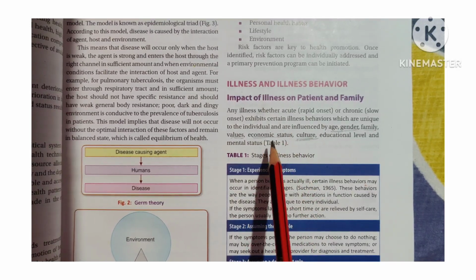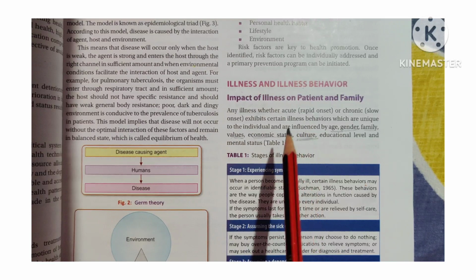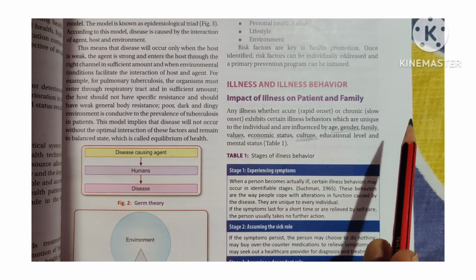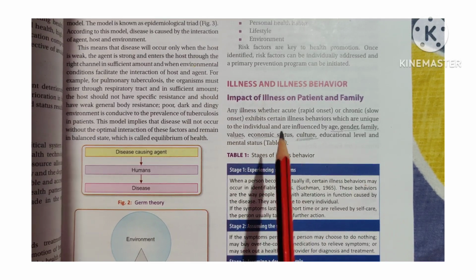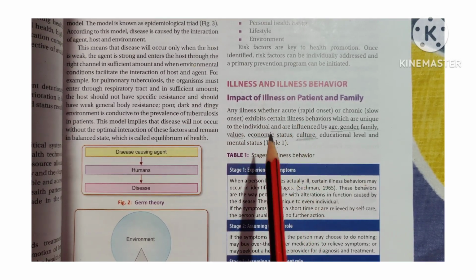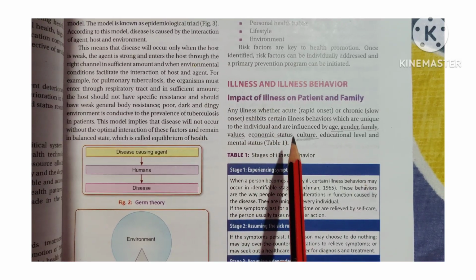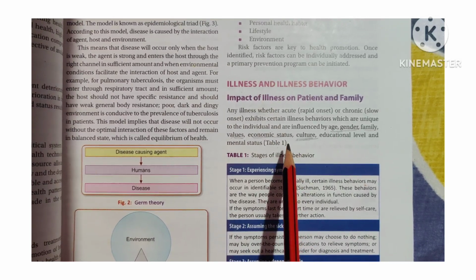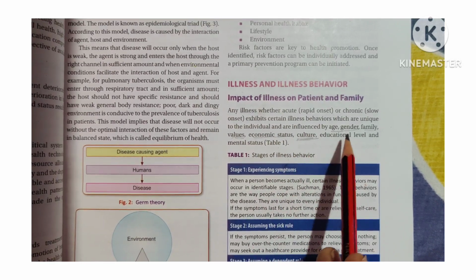Suppose you are having chicken pox, and in your culture you should not go to a doctor because they will not accept it as a viral infection. They will think it is due to some threat of God or goddess. So based on your culture, your illness behavior will become different.